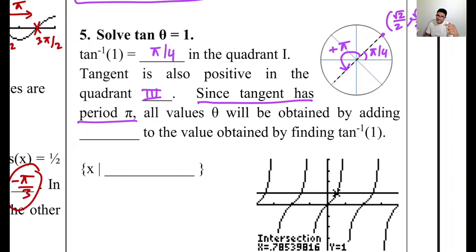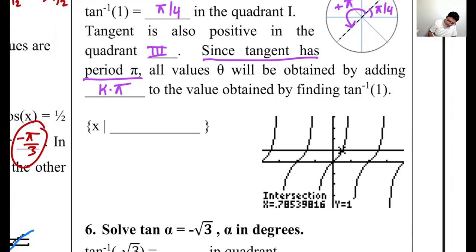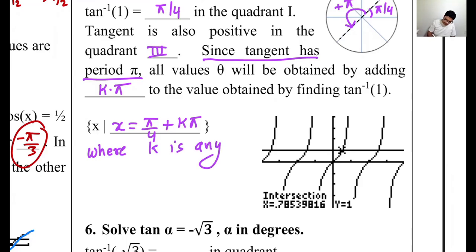So all values of theta will be obtained by adding k times pi to the values obtained by finding tan inverse 1. Okay. So the general solution would be x such that x equals pi over 4 plus k times pi, where k is any integer.